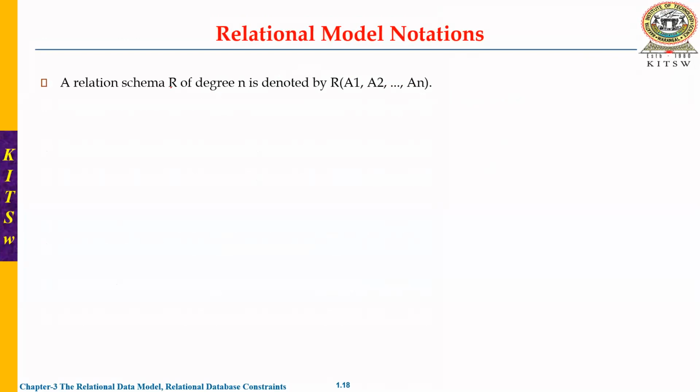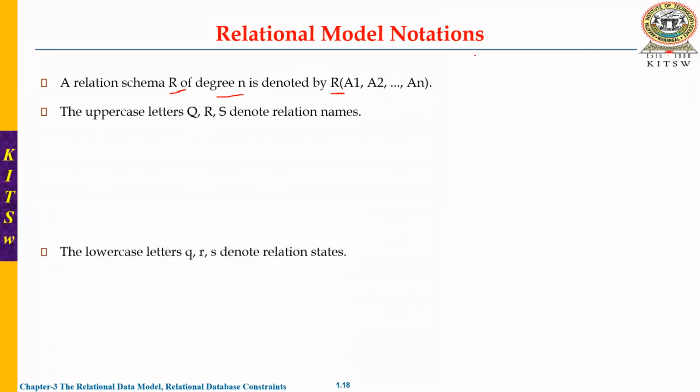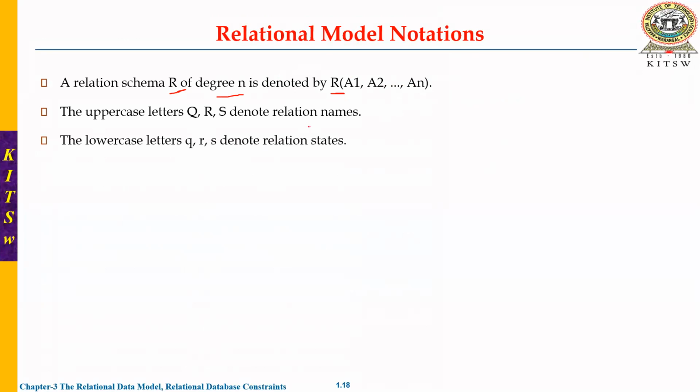A relation R of degree n is denoted by R of A1 to AN. The uppercase letters Q, R, S denote the relation names, and the lowercase letters q, r, s denote the relation states.